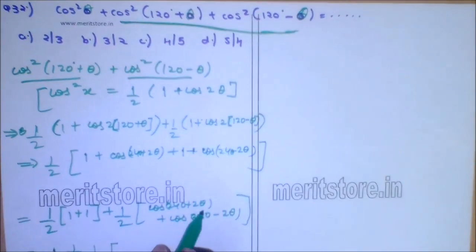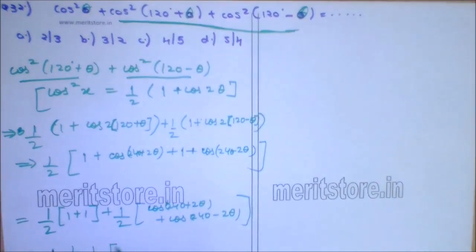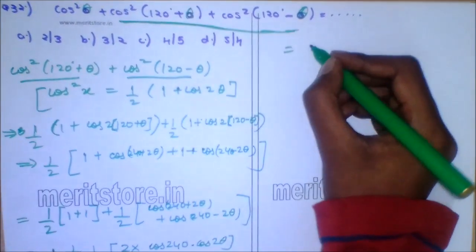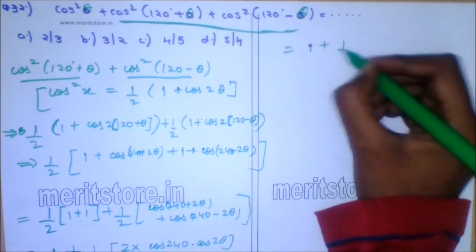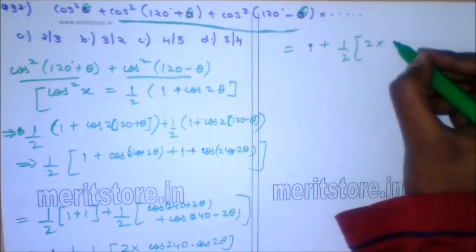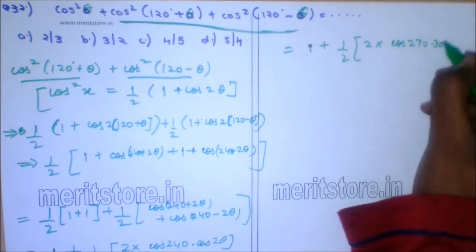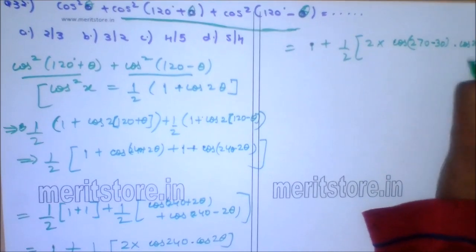Now this is in the form of cos A plus cos B. So we can simplify it as 2 cos 240 into cos 2 theta. Now 1 plus half into 2 into cos (270 minus 30) into cos 2 theta.